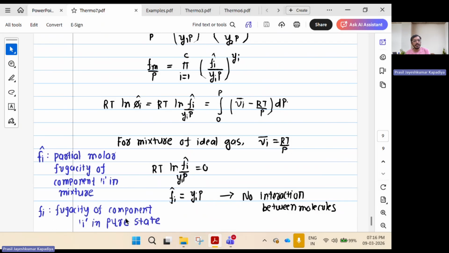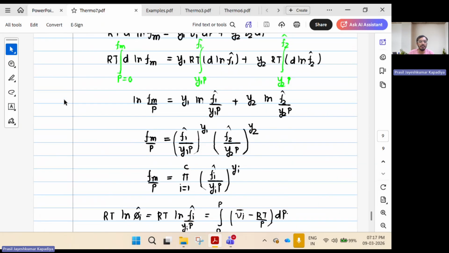Fi is the fugacity of component i in its pure state, and Fi cap is the partial molar fugacity of component i in the mixture. The word partial molar is very important when we are dealing with a mixture. And what will be my mixture fugacity? Fm by P will be equal to F1 cap divided by Y1 P raised to Y1, into F2 cap divided by Y2 into P, whole raised to Y2.